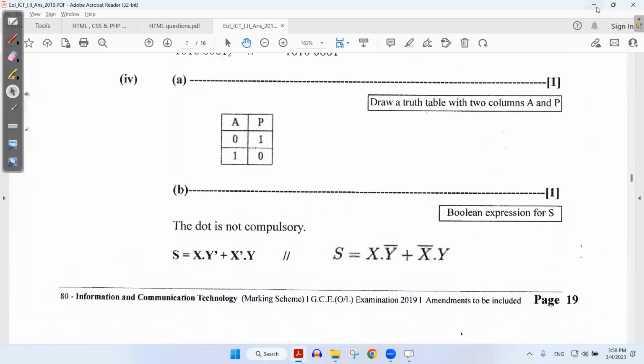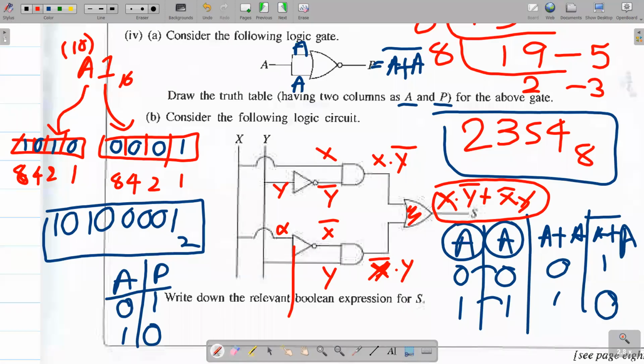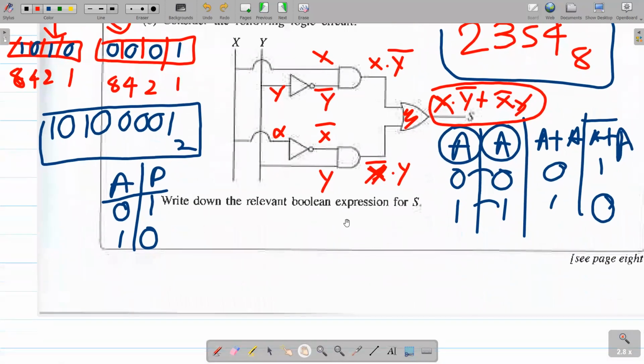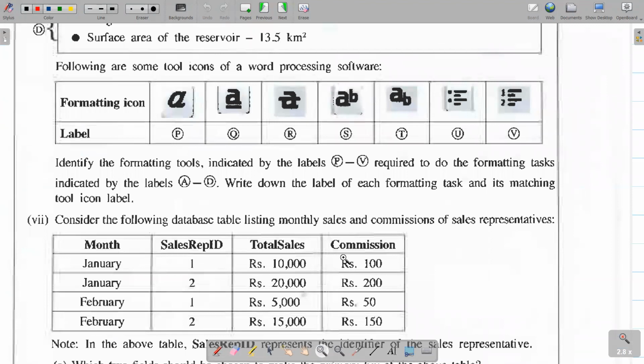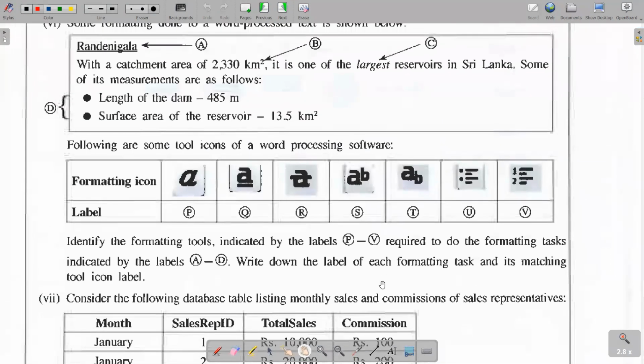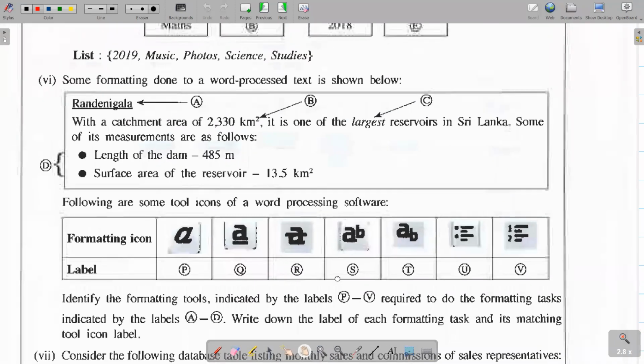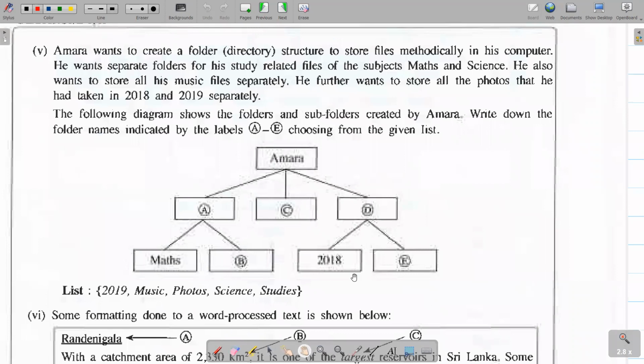Okay, so the fifth one. Yes, Amara wants to create a folder structure to store files methodically in his computer. He wants to separate folders. What are you referring to, the truth table that we are drawing?